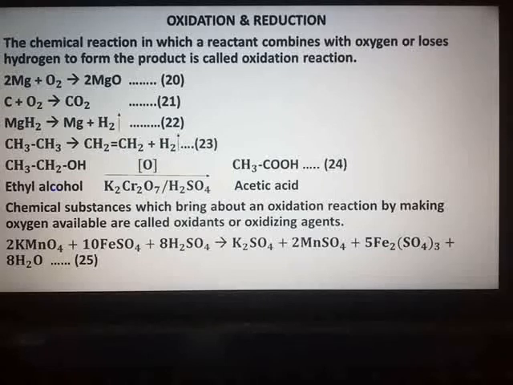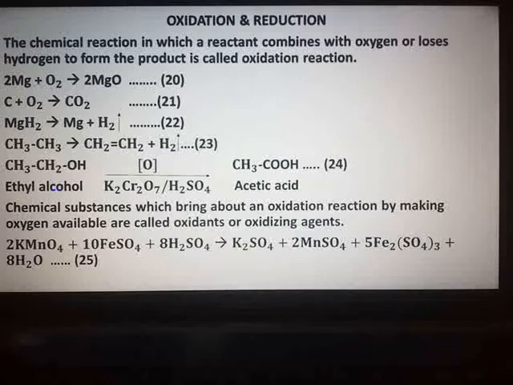Only the thing is, proper explanation should be provided from your side. Suppose this reaction is given and you are told to identify it and say why. I might say that the above reaction is a combination reaction because two reactants, magnesium and oxygen, are combining to form a single product, magnesium oxide.